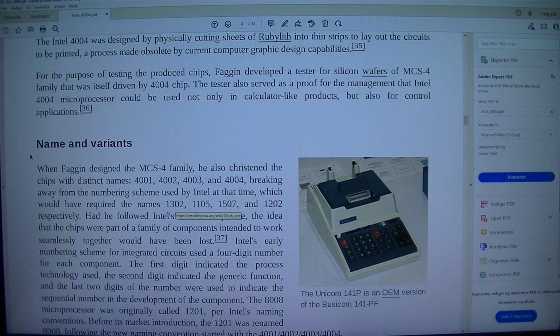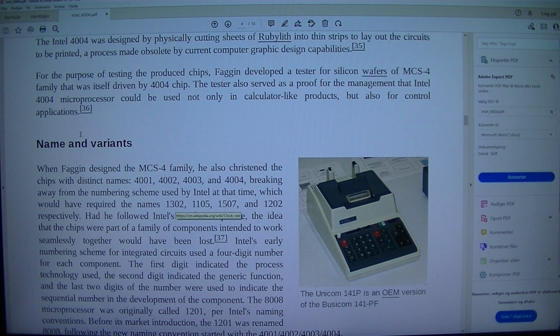36. Name and variants. The Unicom 141-P is an OEM version of the Busicom 141-PF. When Faggin designed the MCS-4 family, he also christened the chips with distinct names: 4001, 4002, 4003, and 4004, breaking away from the numbering scheme used by Intel at that time, which would have required the names 1302, 1105, 1507, and 1202 respectively.